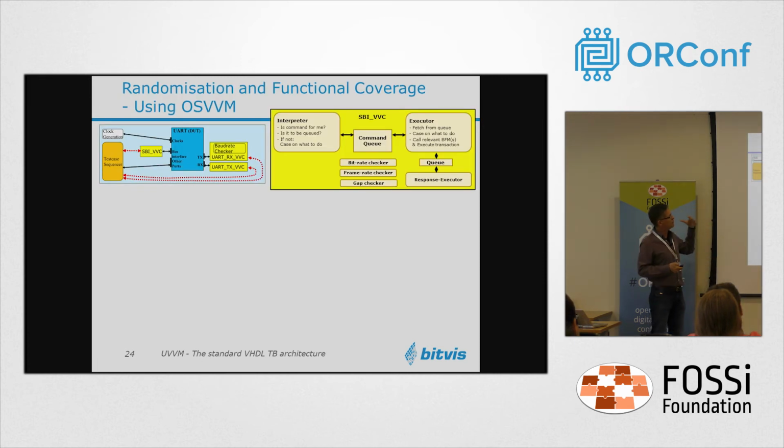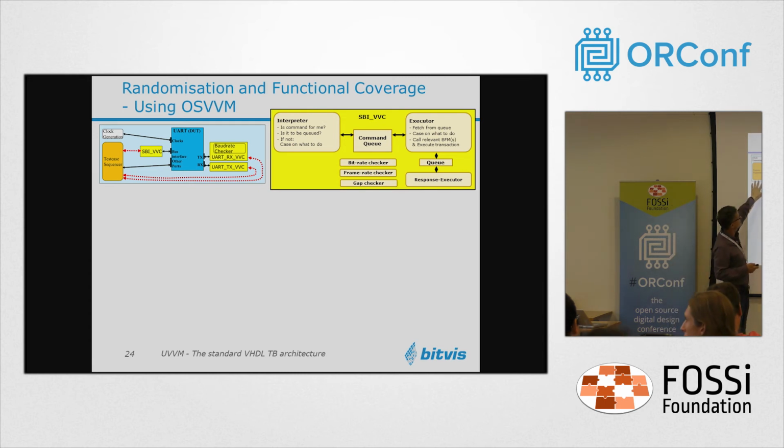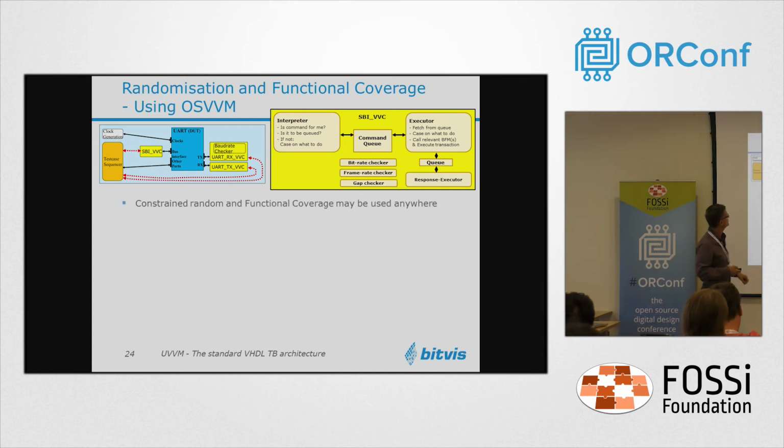Looking at how that would work in a real system, if you look at the testbench verification components, you can have constrained random and functional coverage anywhere in the system. Could be in the test case sequencer, verification components, outside in the device under test even, and also anywhere inside the verification components. So they can be combined anywhere.